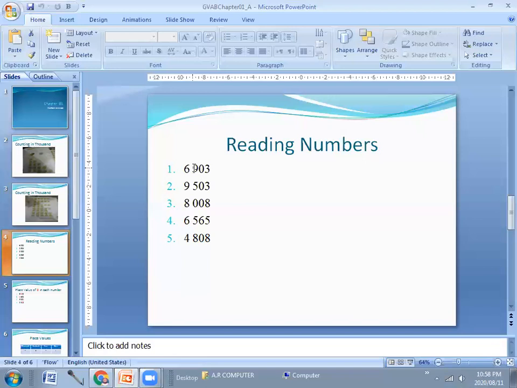Moving next, 9. This is the place of 100. So how many hundreds are there in the number? 9 hundreds. And in the same way, how many thousands are there in this number? 6. 6,000 are there.